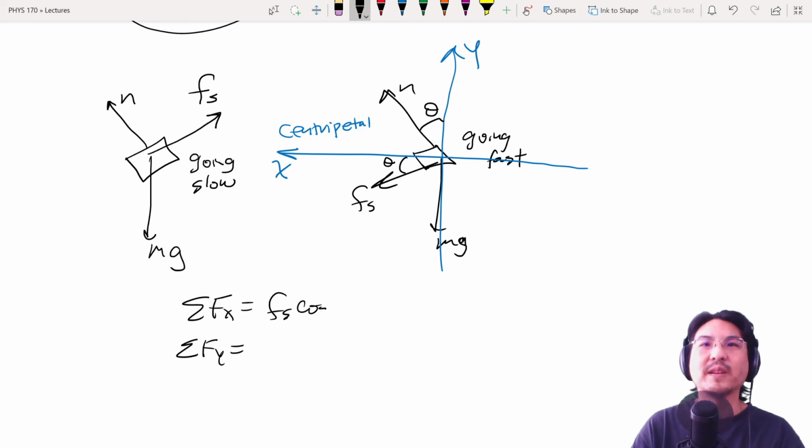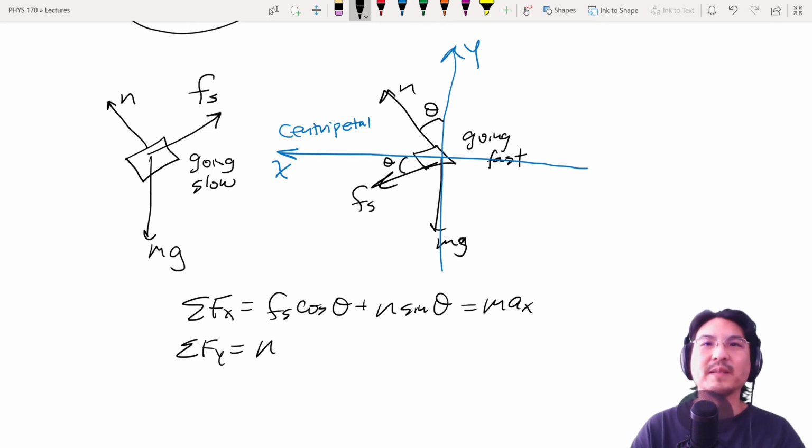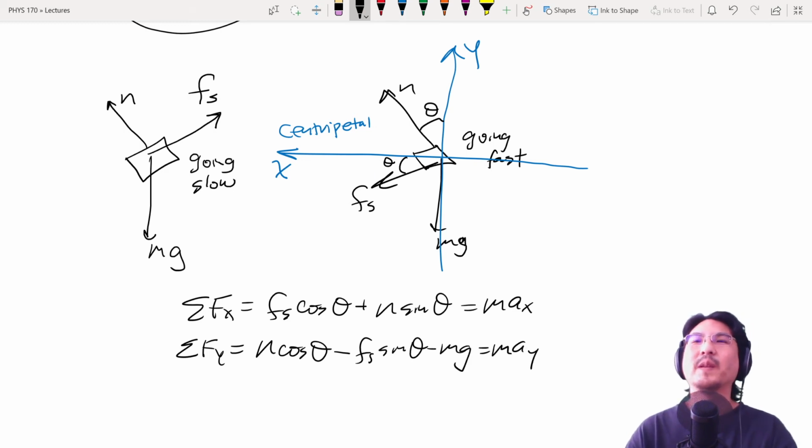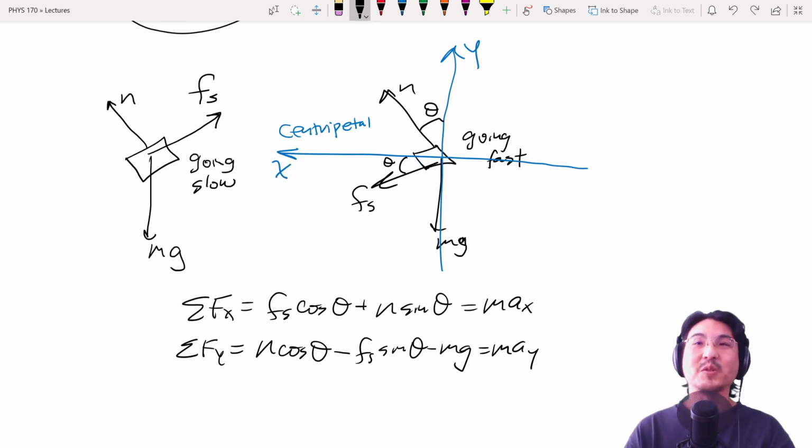So that's cosine, sine, and mass times acceleration. In the y direction, we have this, this, this. So n is positive and is adjacent, minus, and that's opposite. Mass times acceleration. Because the car is going in a horizontal circle, there's no motion in y. X and z, yes, but nothing in y.